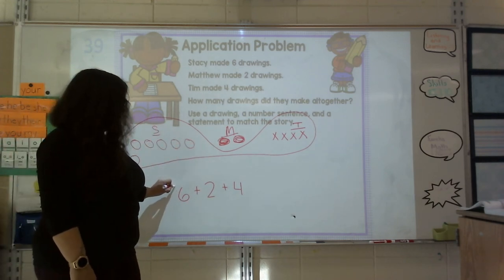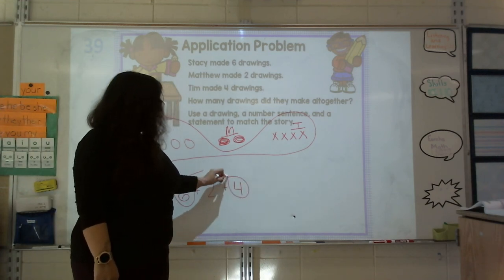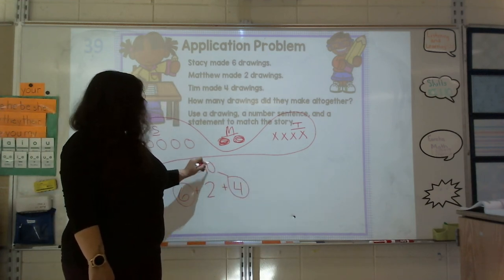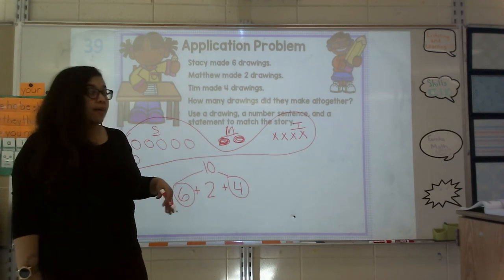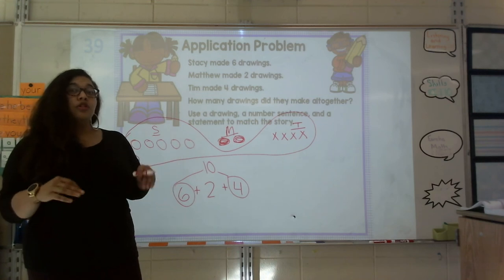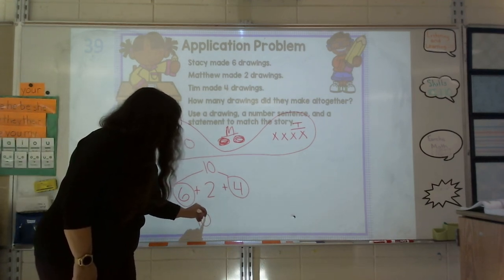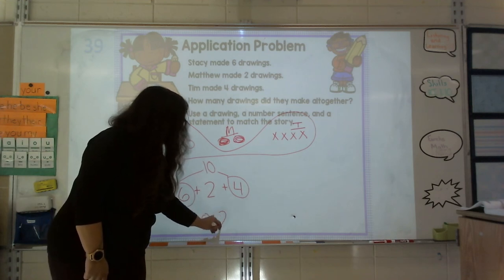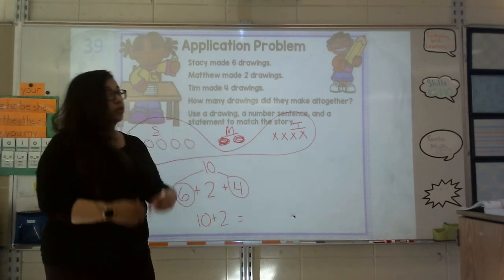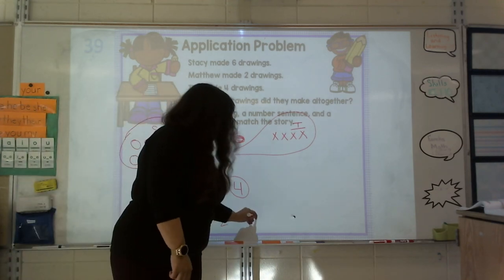So let's do the same thing down here and make 10. So let's write a brand new number sentence with just 2 parts. What would those 2 parts be? Yes, 10 plus 2 is equal to 12. Good job.